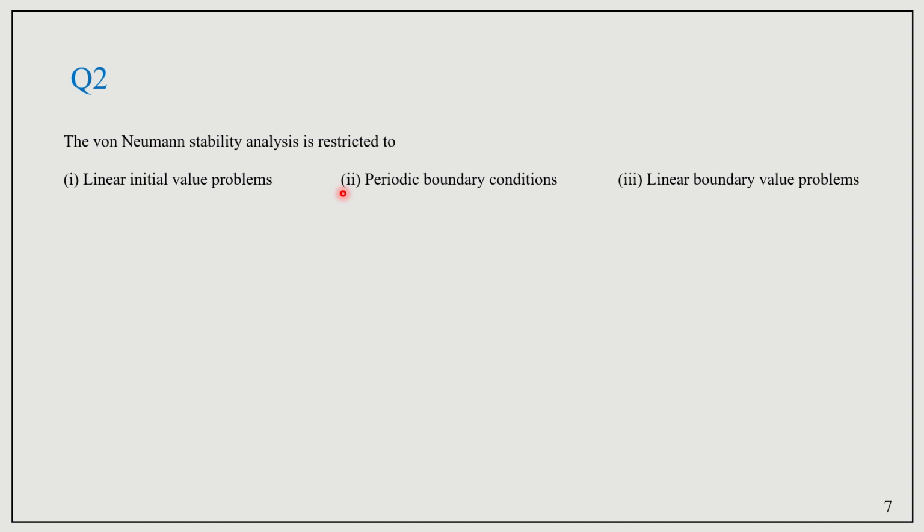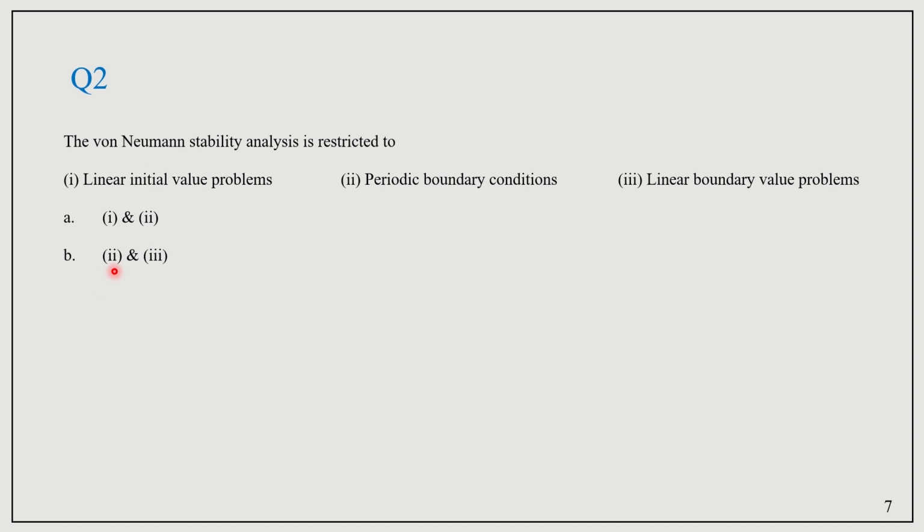Actually, von Neumann stability analysis is restricted to linear initial value problems and periodic boundary conditions. So the first two are the answer and the third one is false. It is not for linear boundary value problems. Looking at the options: Option A is 1 and 2.